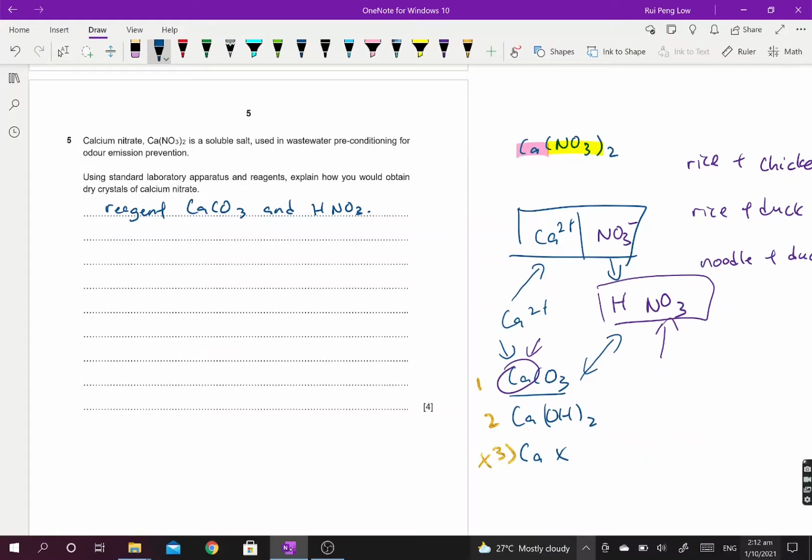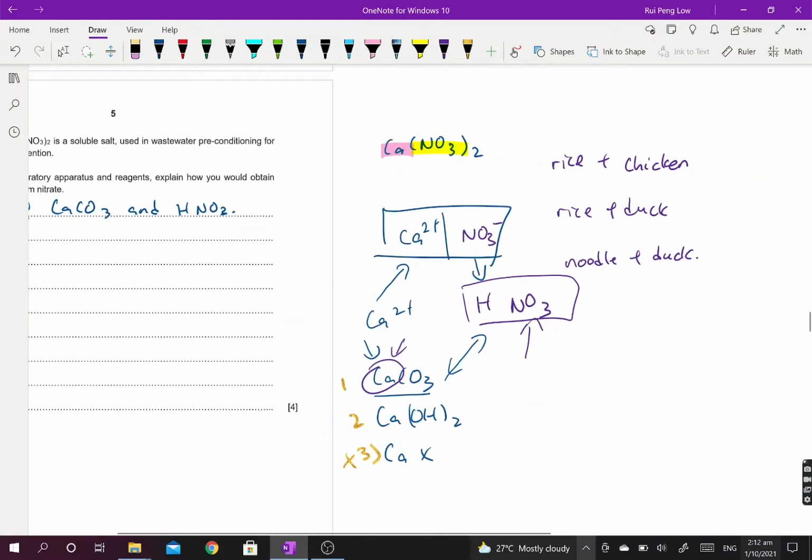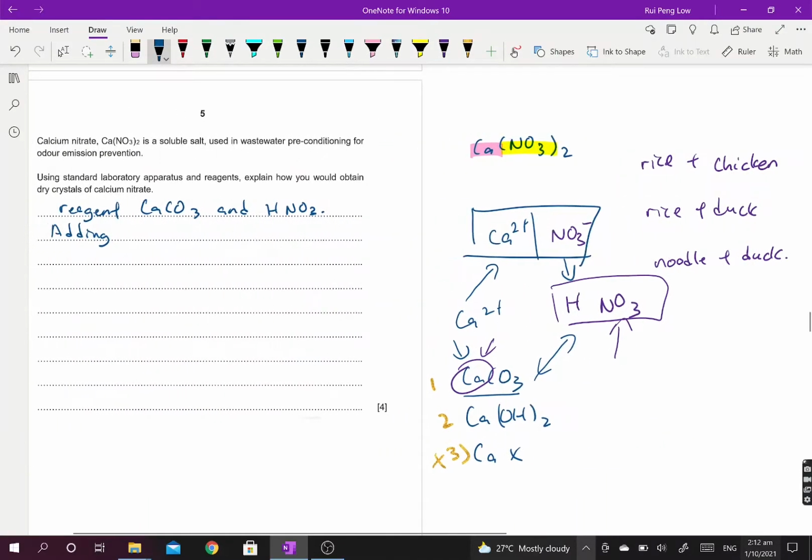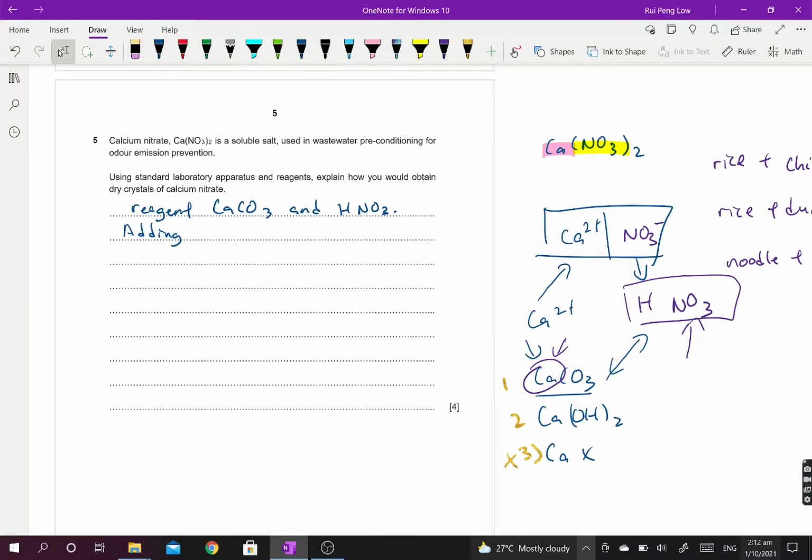So in this case, which method should we use? We will use adding excess. Okay, if you take a look at your textbook, you have this method called adding excess insoluble substance into an acid.